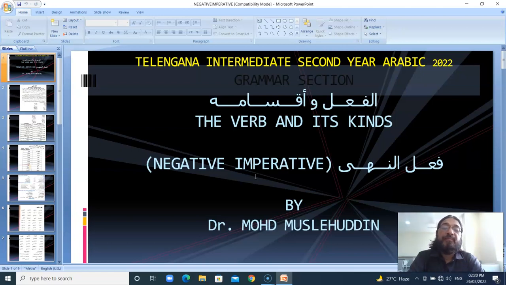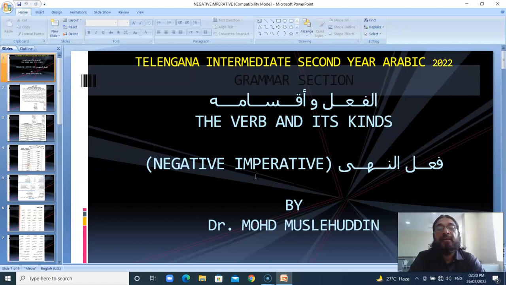So 6 present tense verbs will be given, and you have to convert these into negative imperative tense, any 4. So bit number 14, A has 4 marks, B has 4 marks. Imperative tense has 4 marks and negative imperative tense has 4 marks.